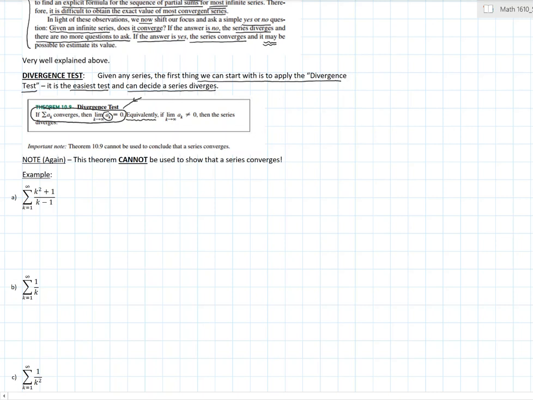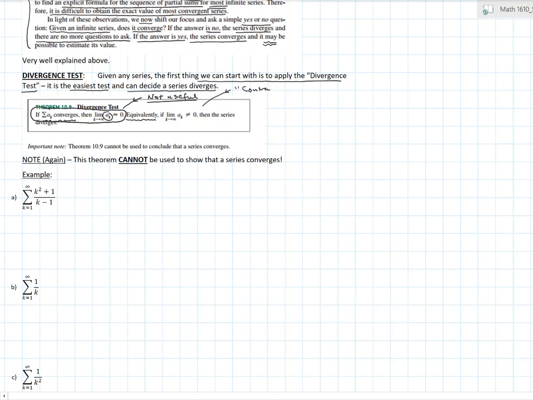But this is not useful. The reason it's not useful is because its hypothesis is that a series converges. Now, if we know a series converges, why bother anymore? So this is useless.